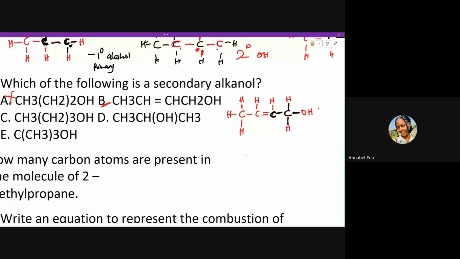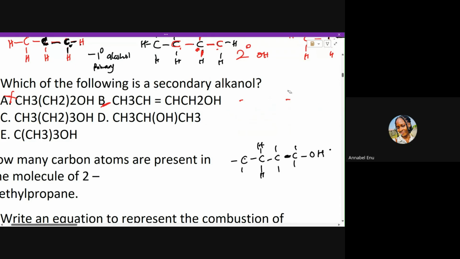This C: CH3, CH2, three of it, CH2, CH2, another CH2, then OH. This one is the same thing. Then the D, let us draw the D. Let me erase this. This C is also primary.